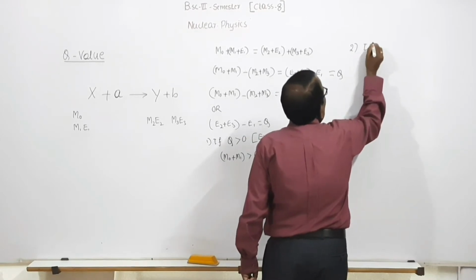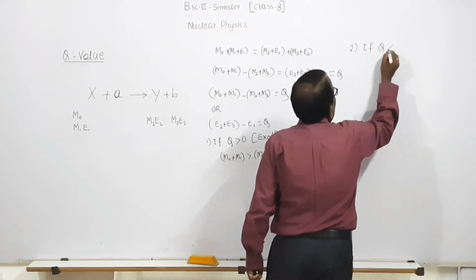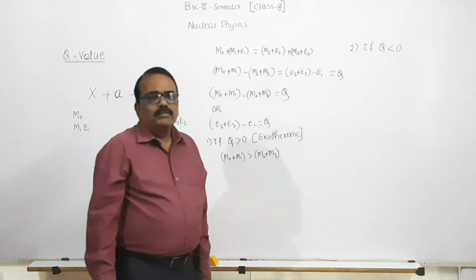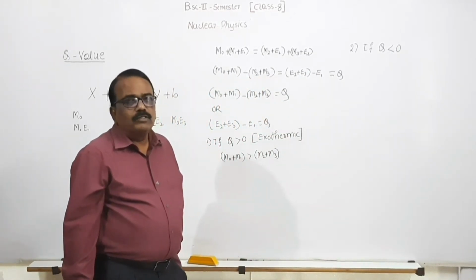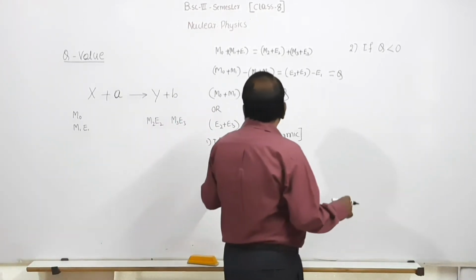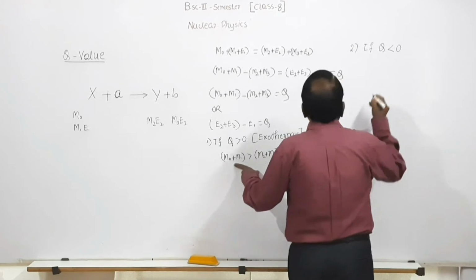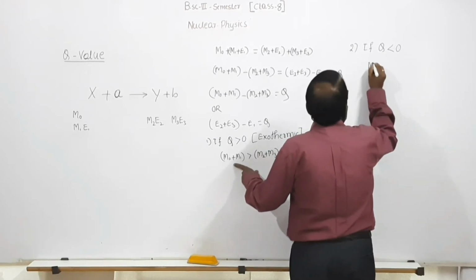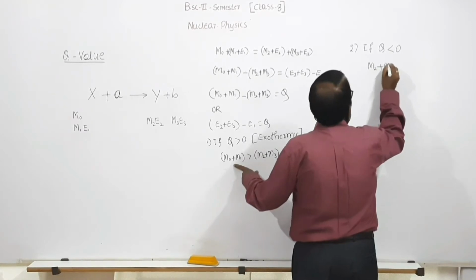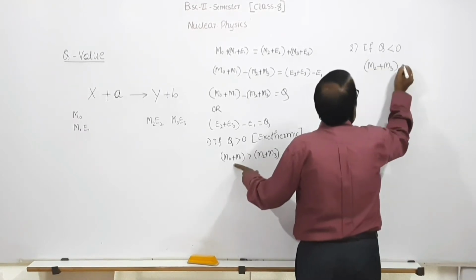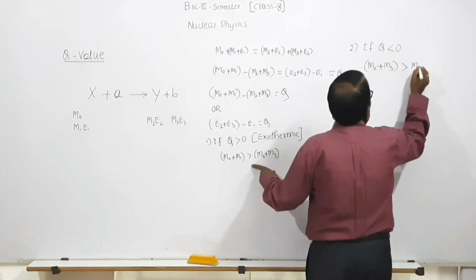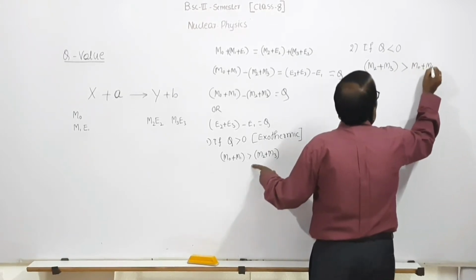If Q is less than 0, the reaction is called an endothermic reaction. If Q is less than 0, you know that m2 plus m3 is more than m0 plus m1.